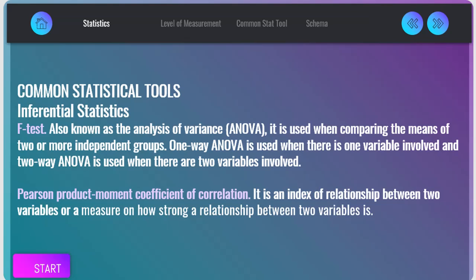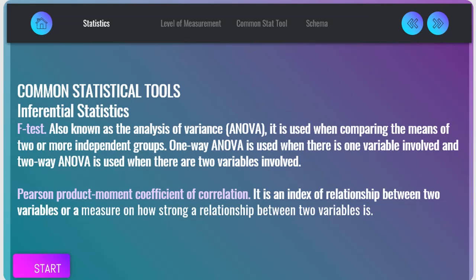Examples of when you might want to test different groups. First, a group of psychiatric patients are trying three different therapies: counseling, medication, and biofeedback. You want to see if one therapy is better than the others.